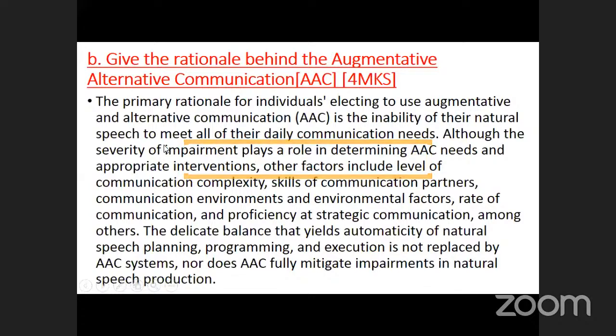although the severity of the impairment plays a role in determining the AAC needs and appropriate interventions, other factors include level of communication complexity, the skills of communication partners, and then communication environment and environmental factors.